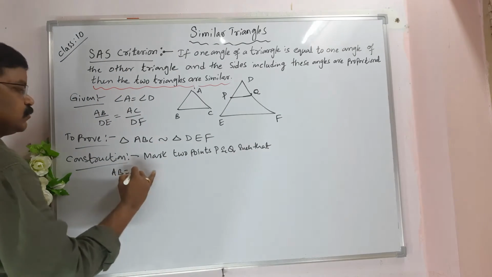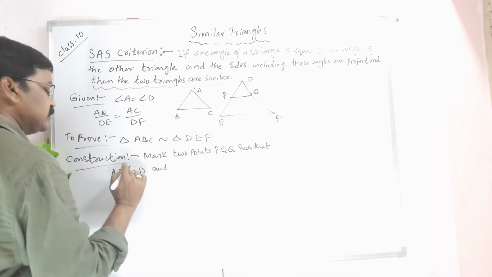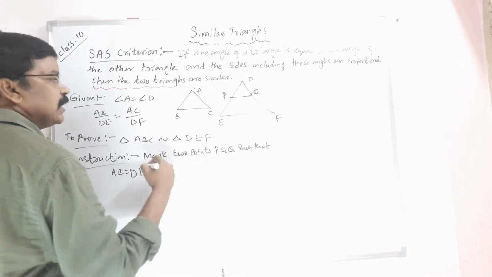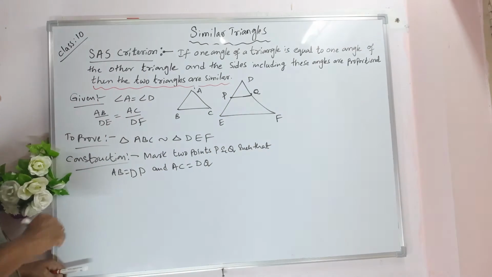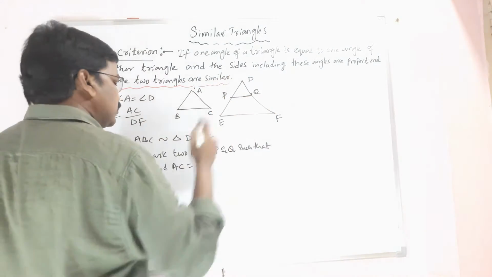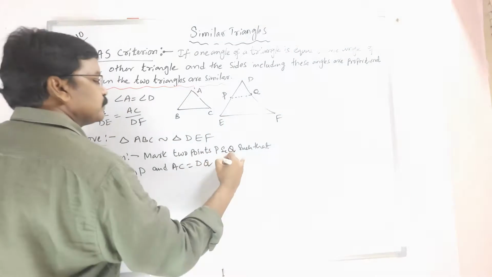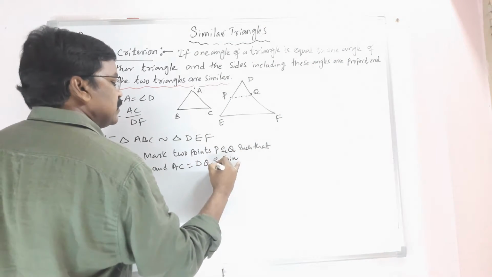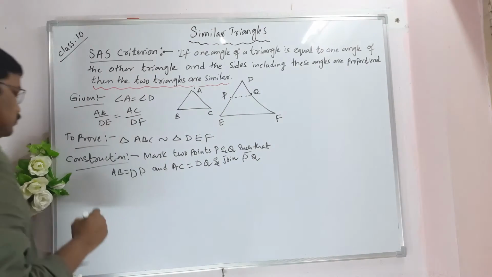Such that AB is equal to DP, and AC is equal to DQ. AB is equal to DP, AC is equal to DQ. Next we join this PQ. Just join PQ. Finished.